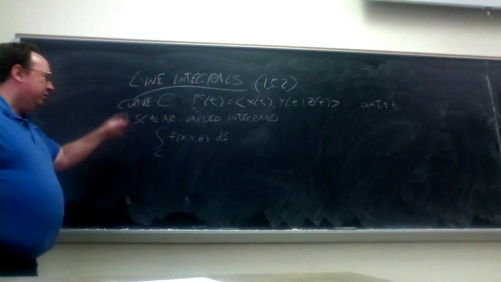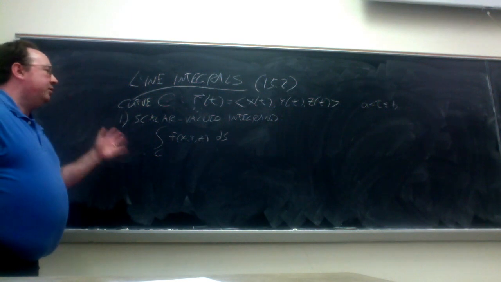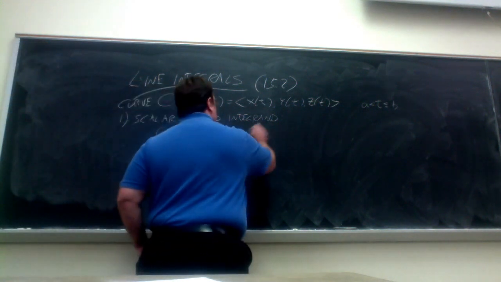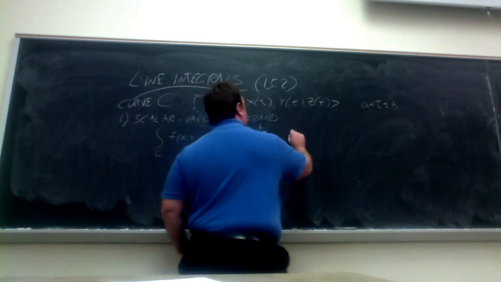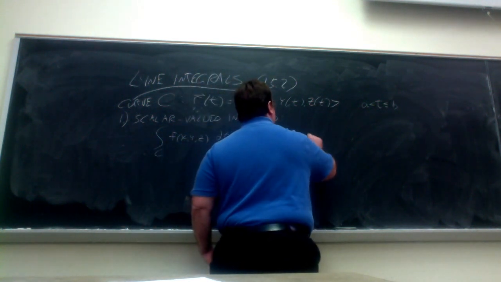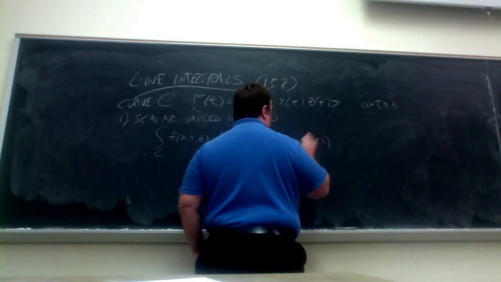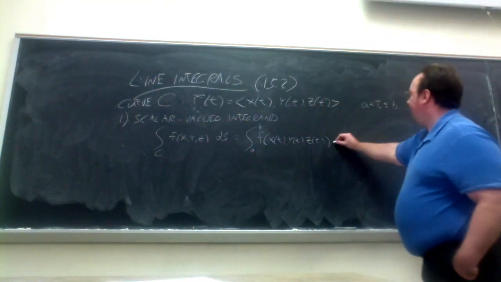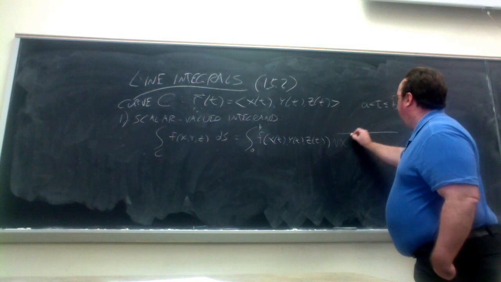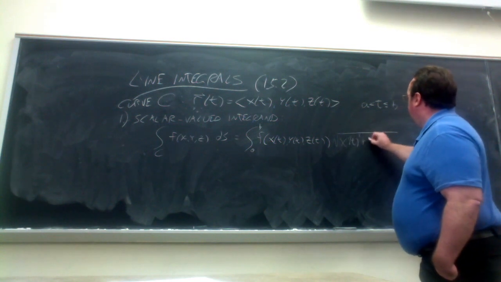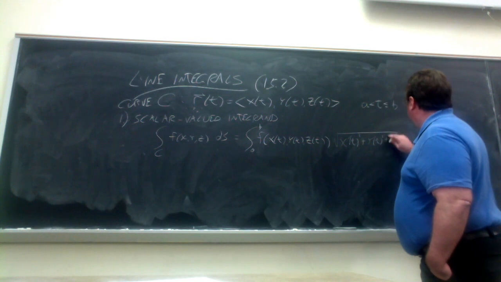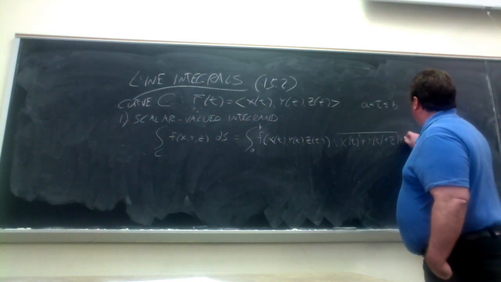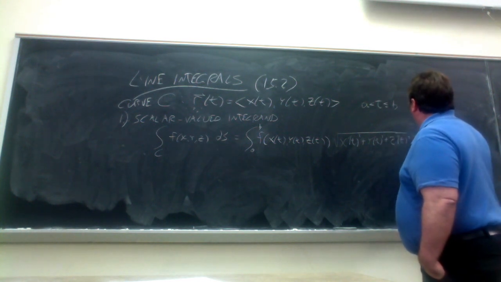That's the way it's normally styled, but what you actually evaluate is the integral from a to b of f of, I'm going to write this two different ways, one with all the components written out, and the other in vector form. So the square root of x prime of t squared plus y prime of t squared plus z prime of t squared dt.